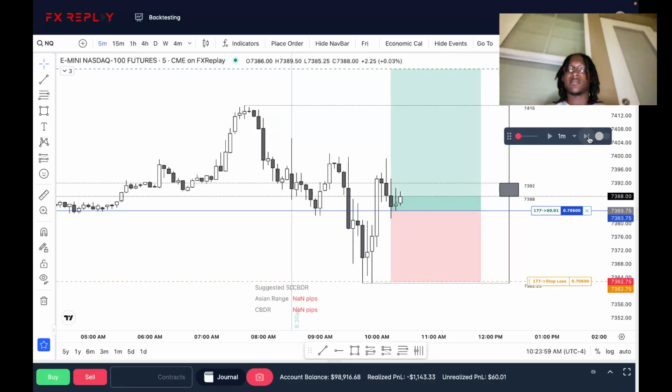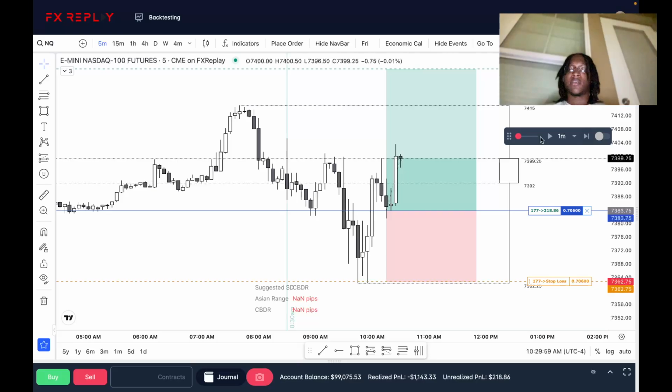We'll trick it in. Price shoots up above. Buy side liquidity here.